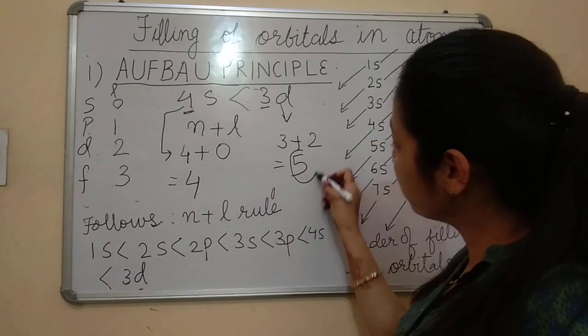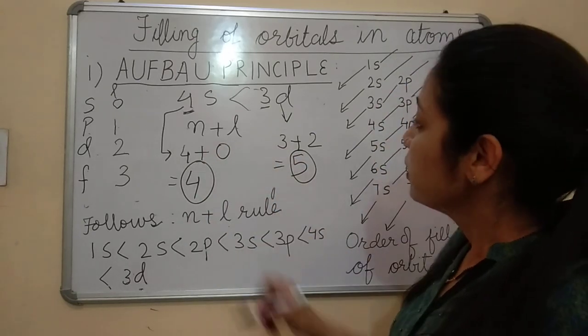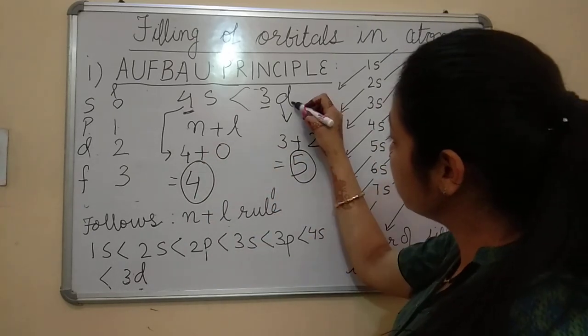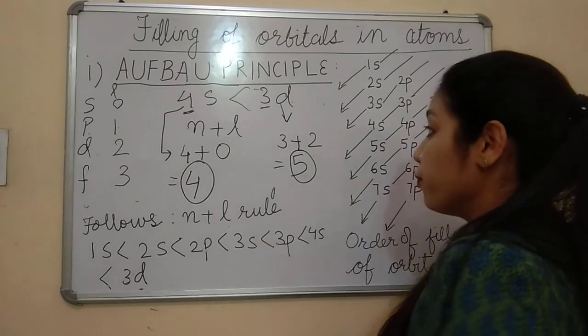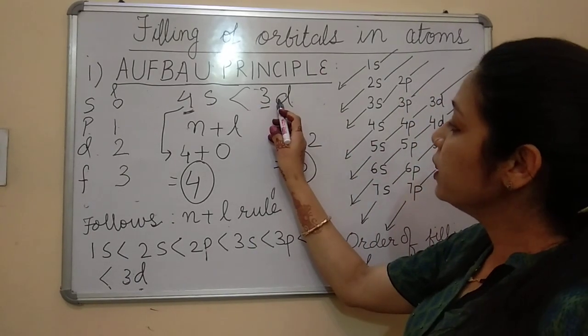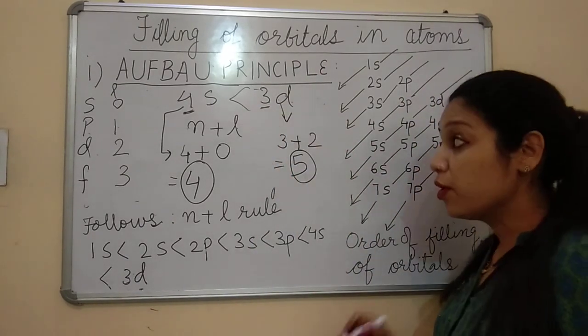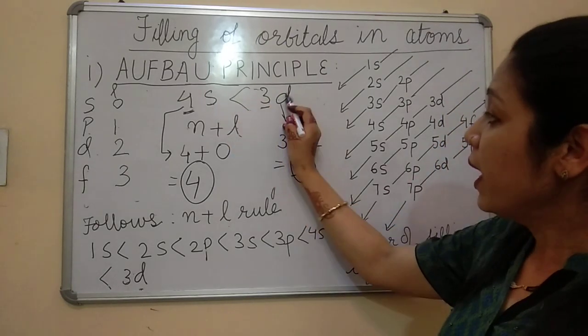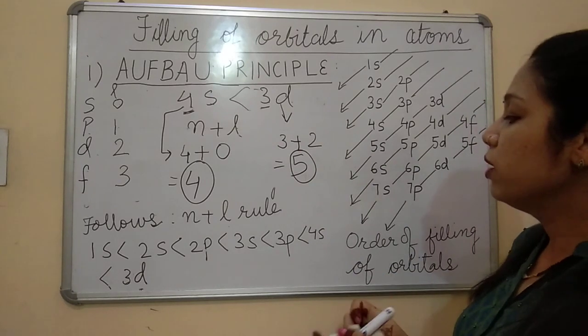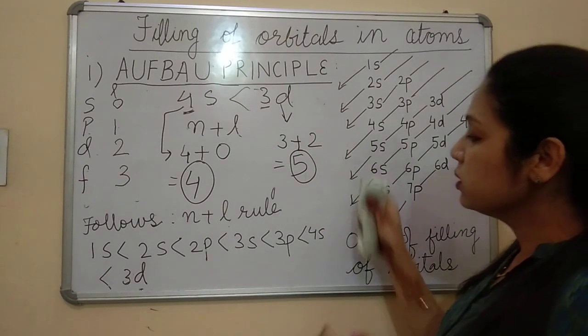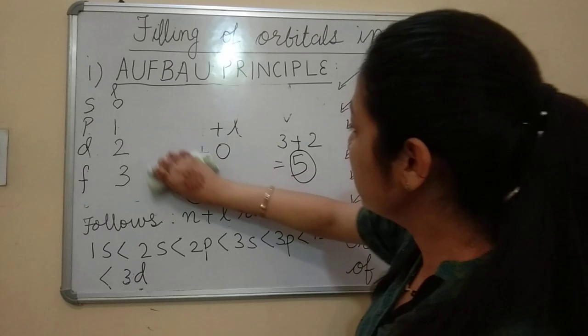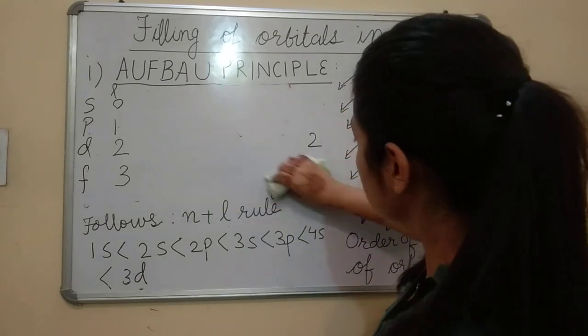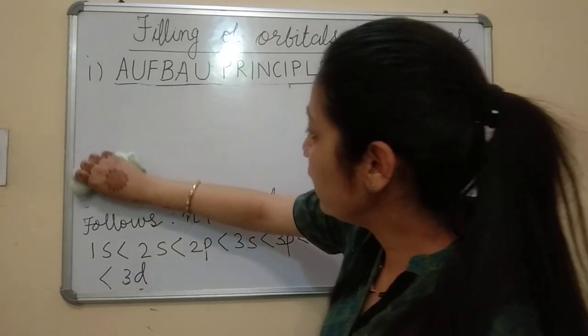And 5 is greater than 4, therefore n plus L value of 3d is greater than 4s. Therefore the energy of 3d is more than 4s. Therefore 4s orbital will be filled first and then 3d orbital will be filled. So this is how we find out the energies of orbitals using the n plus L rule.